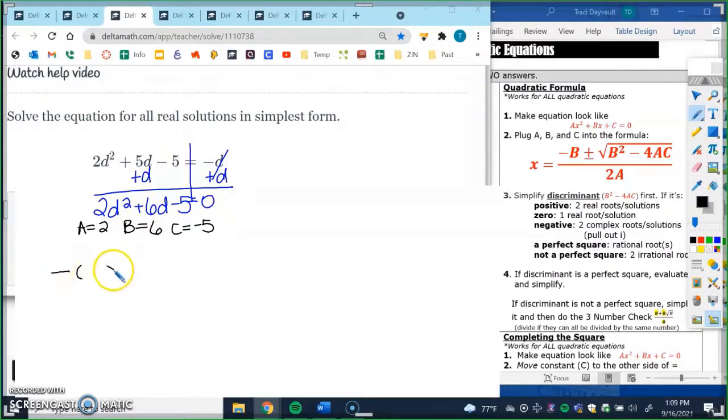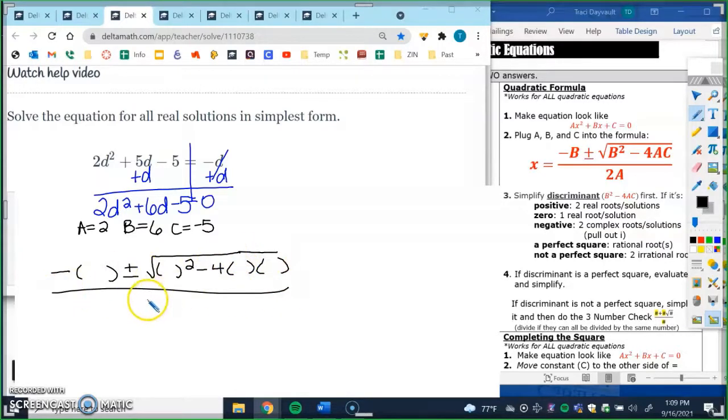See if you could plug this into the formula. x equals -b plus or minus the square root of b squared minus 4ac all over 2a. First thing we're going to do is find what the discriminant equals.